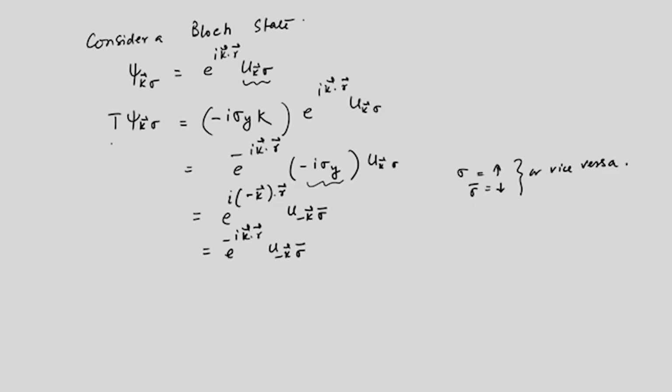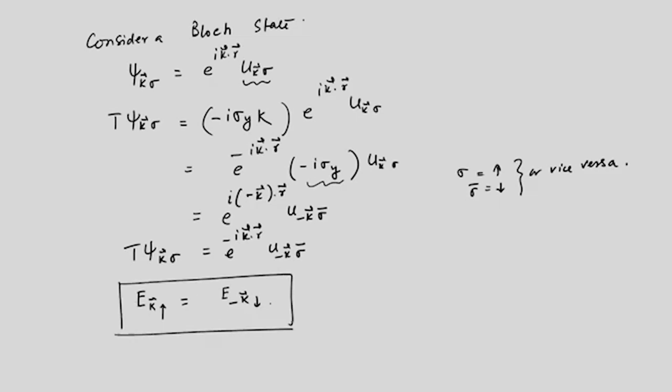So, that is what happens when you apply this on psi k sigma. Which implies that there is of course a degeneracy such that E k up is equal to E minus k down, and this is called Kramers degeneracy.